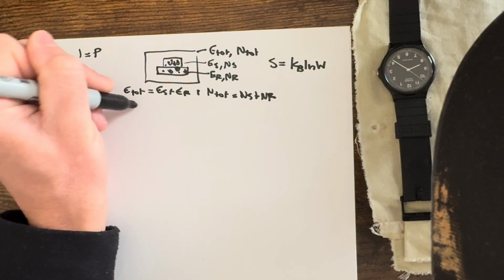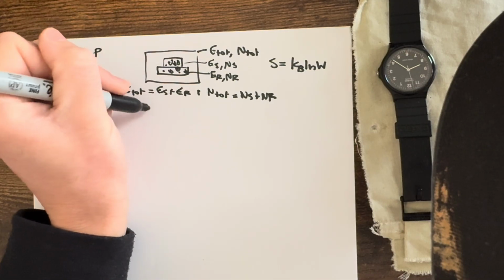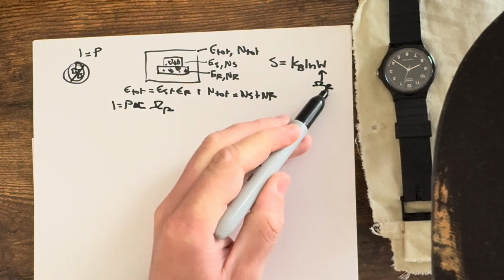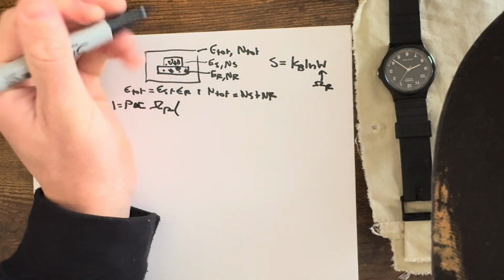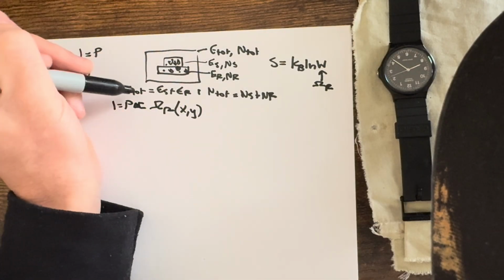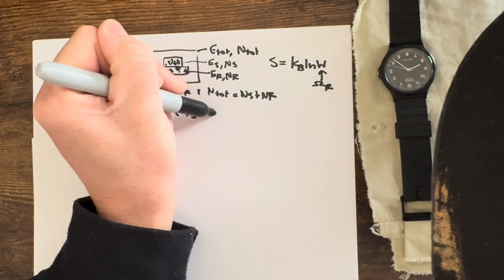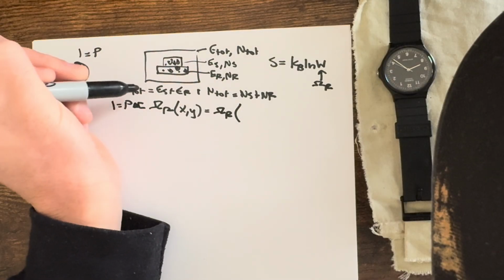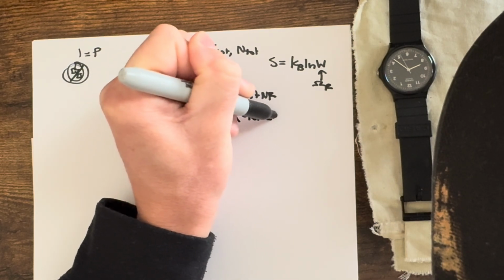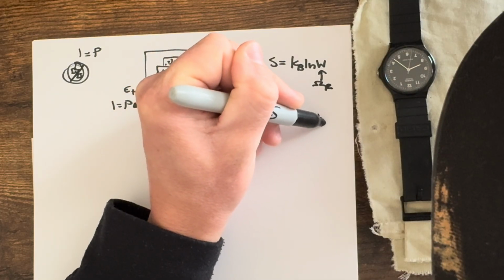So we'll have 1 equals P, which is proportional to omega R, the number of accessible microstates of the reservoir of X and Y, where X will be E and Y will be N. We will rearrange those for NR and ER. So this is equal to omega R of ER, which is equal to E total minus ES, and NR is equal to N total minus NS.